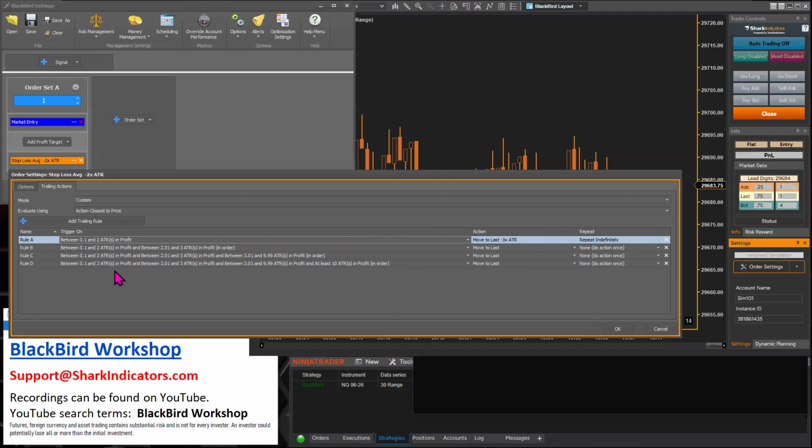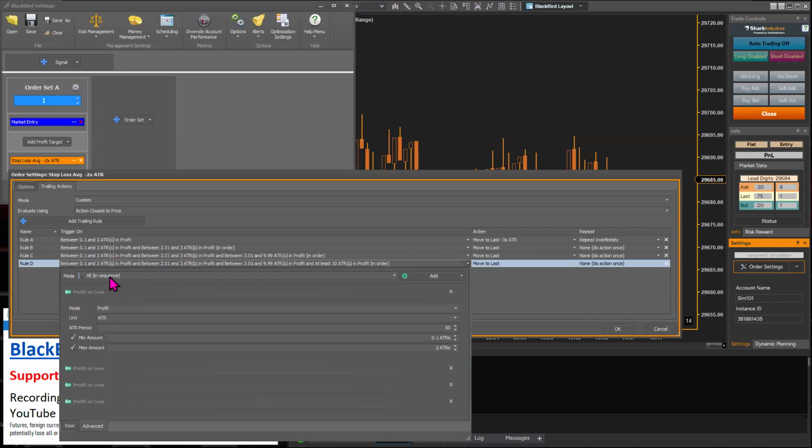So as we can see, to summarize here, we took rule A, the requirements for rule A, 0.1 to 2 ATRs, added that triggering condition to rule B, C, and D, and we're just stacking them all together. So that way rule D says each of these profit or losses needs to occur in sequence.